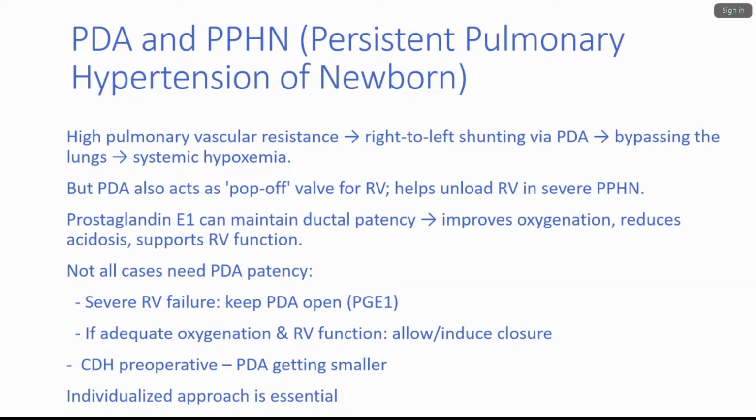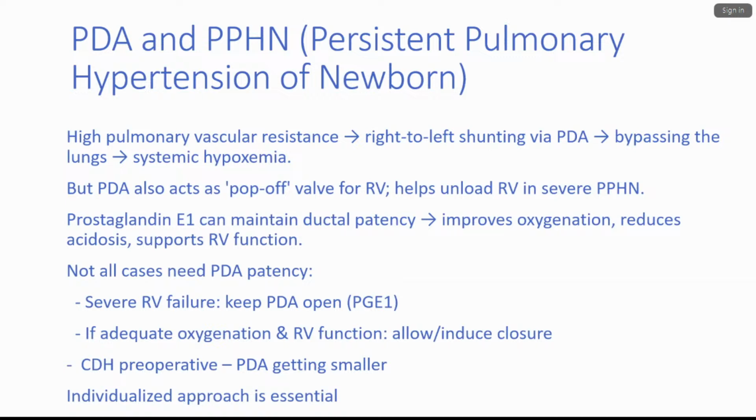In cases of severe PPHN, it helps unload the right ventricle. Prostaglandin E1 infusions can maintain ductal patency in these cases, which helps in improving oxygenation despite the systemic hypoxemia, reduces acidosis, and supports RV function.